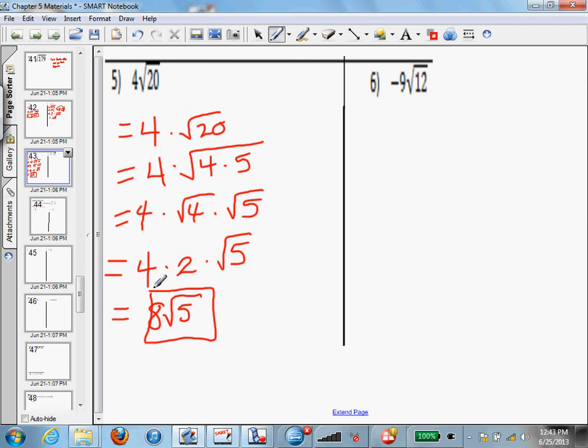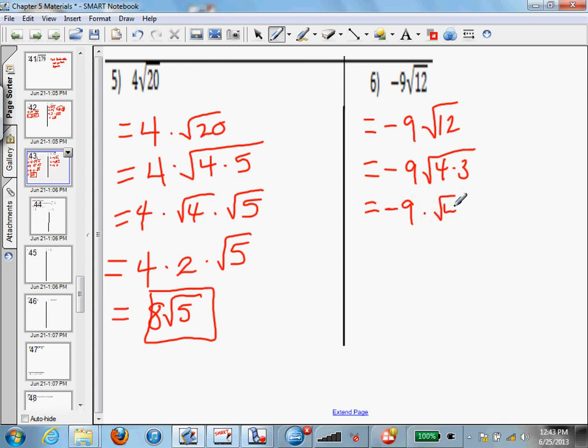And for the last example of the product rule with radicals, let's think of this negative 9 times the square root of 12. Let's aim for things that multiply to give us 12 in terms of square roots. So 4 times 3 gives us 12. So let's break this down even farther.